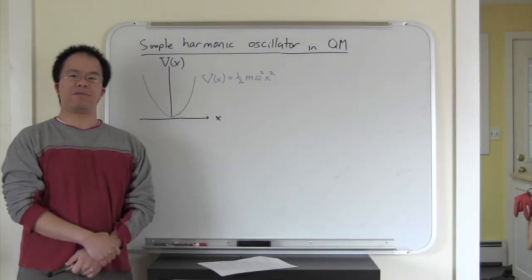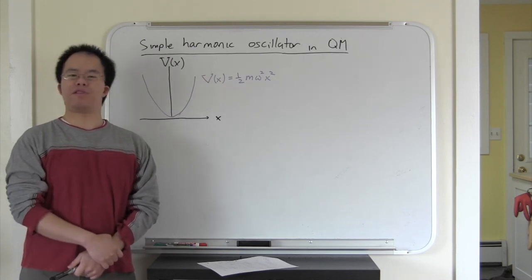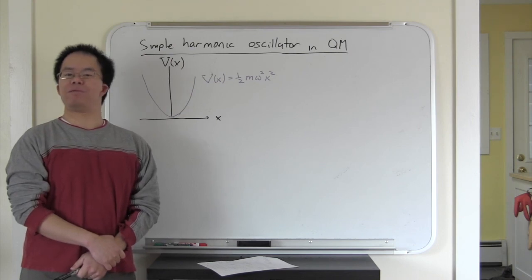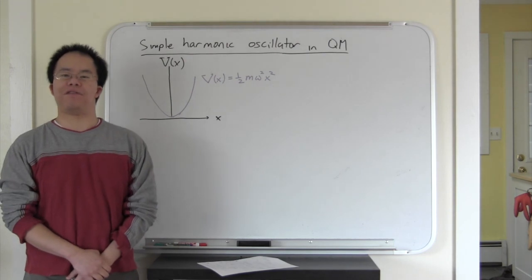If you go through all the work of solving the time-independent Schrodinger equation for a simple harmonic oscillator, you will be able to show that the energy eigenvalues have the following form.